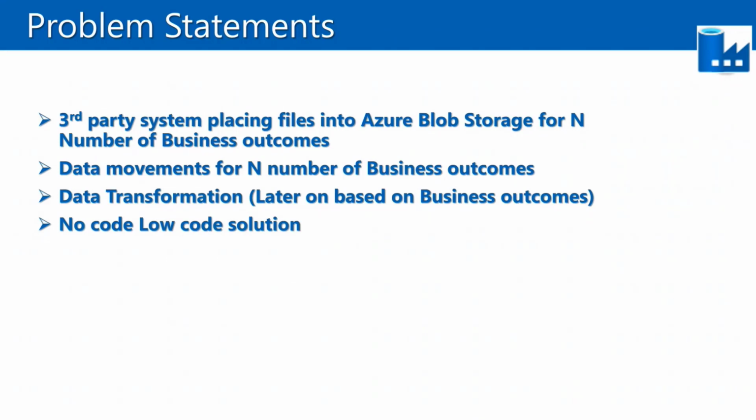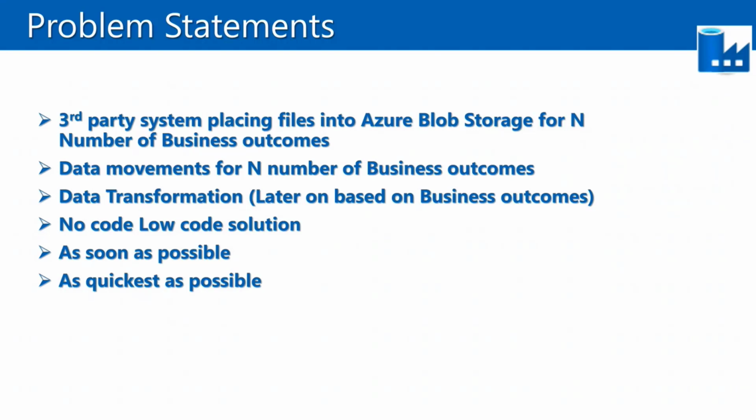If it's a no-code or low-code solution, then their existing staff can learn it very quickly, and they will help with maintenance later on. And they would like to do it as quickly as possible.